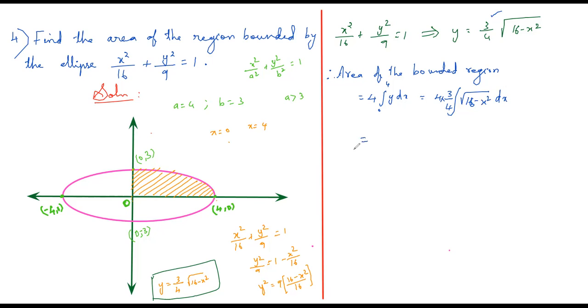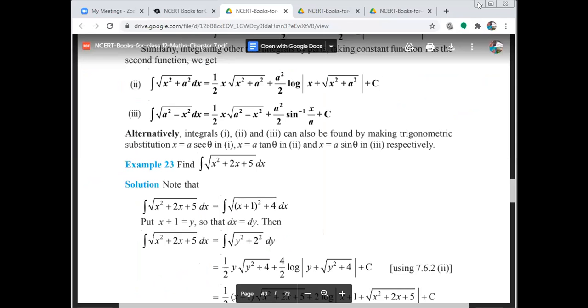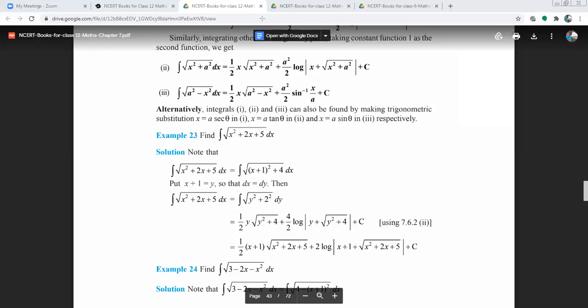Now you look into the formula which we learned in the class. Just recall these two formulas. Integral of square root of x square plus a square is equal to x by 2 square root of x square plus a square plus a square by 2 log mod x plus square root of x square plus a square plus c.